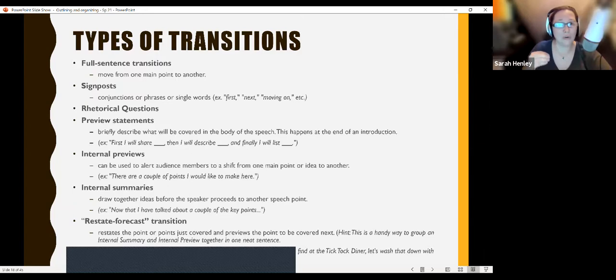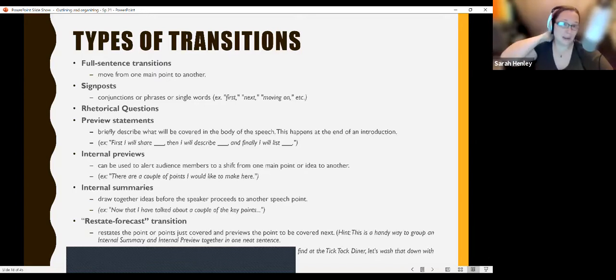Then we have also internal previews and internal summaries. Just as the name says, an internal preview previews the thing that we're about to talk about. For example, there are a couple points I would like to make here. So that leads your listener into believing that we are going to cover a couple points about whatever we're talking about.